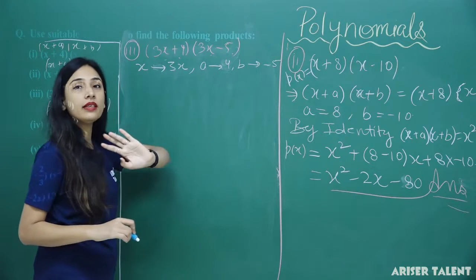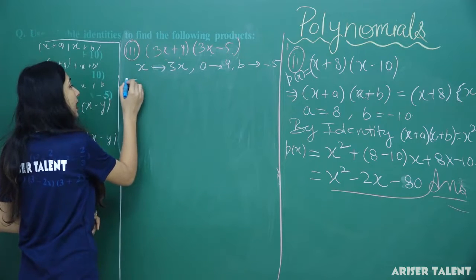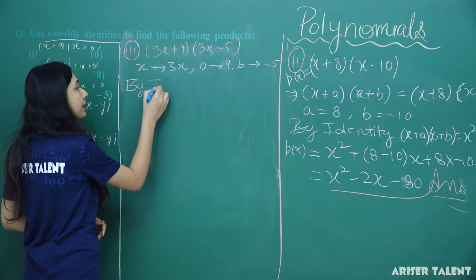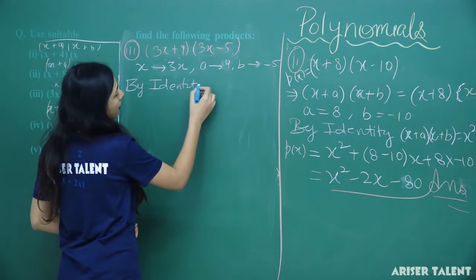You just have to replace these values in the identity. Now I am not writing the same identity again and again. You can just note this.